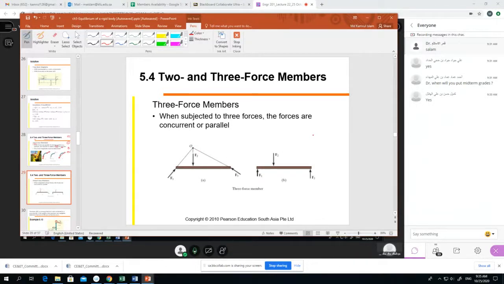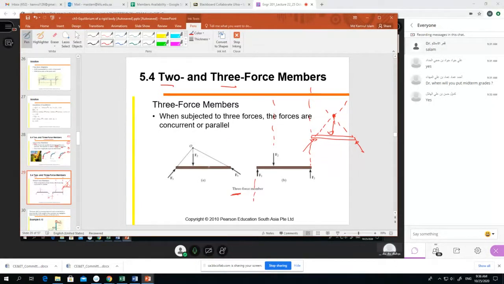Or if the forces are parallel, then it's also called a 3 force member. So we learned what a 2 force member and a 3 force member are.